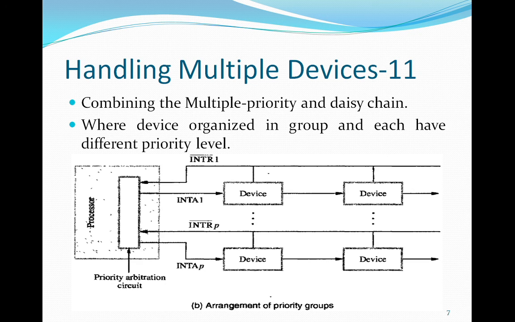So in this scheme, the devices are organized in groups and each group is connected at a different priority level. Within a group, the devices are connected in a daisy chain. This organization is used in many computer systems to handle multiple interrupts.